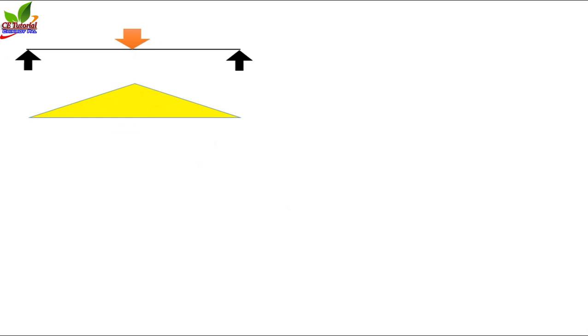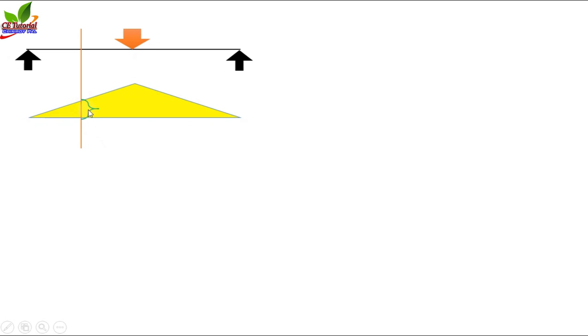So you can say that, but the actual meaning of this diagram is that if I consider a particular cross section at any position of the beam, suppose this is the cross section, then the bending moment value will be this.